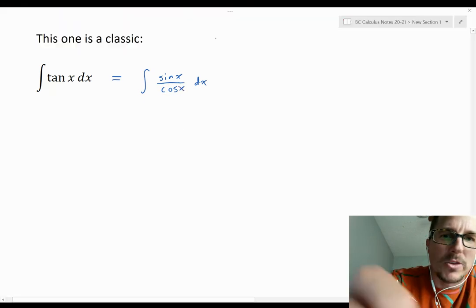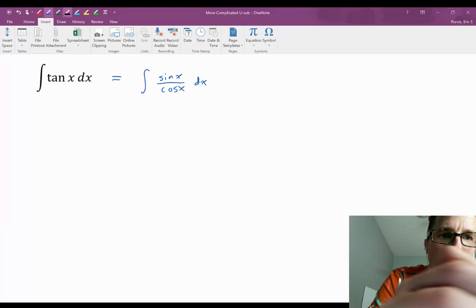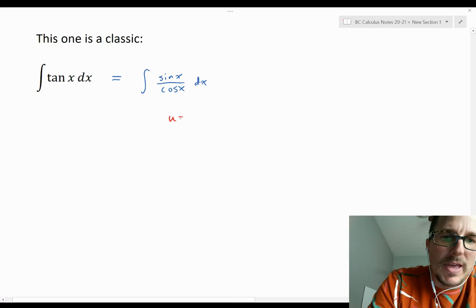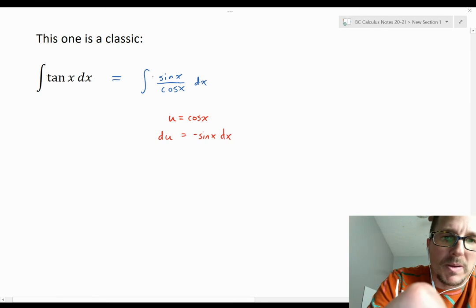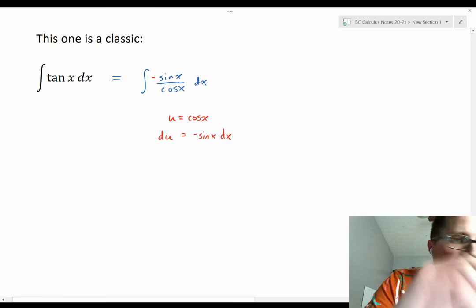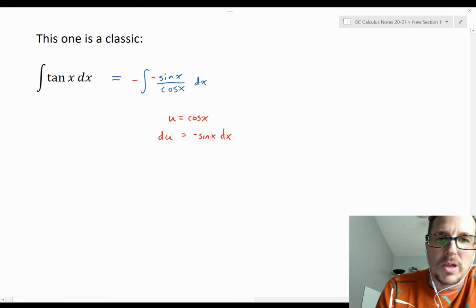Well, how about I make u the denominator? Because if I do that, the derivative of cosine is negative sine x dx. I have that. I'm just a negative away from being there. So I'm going to multiply by -1. Well, guess what? I got to multiply by another -1 to make sure that I don't change any values.